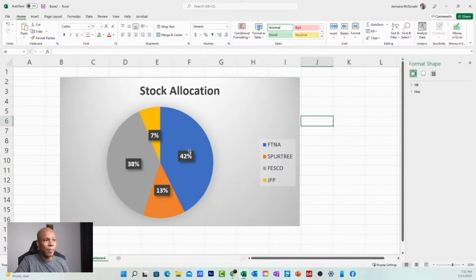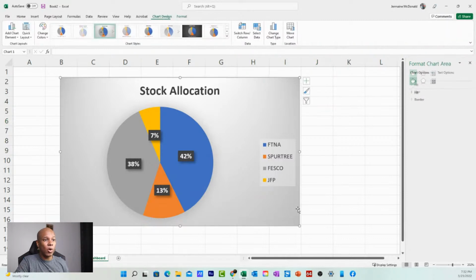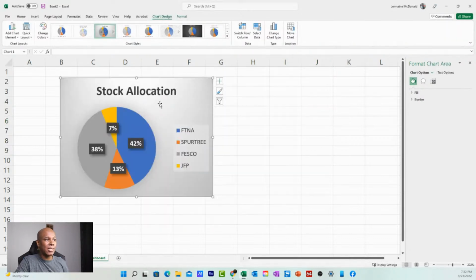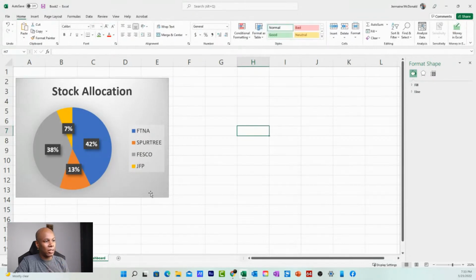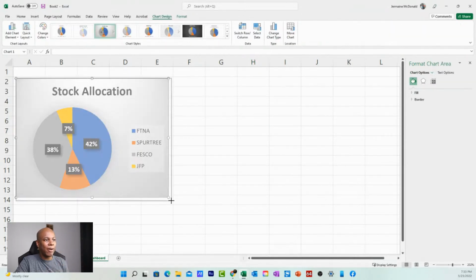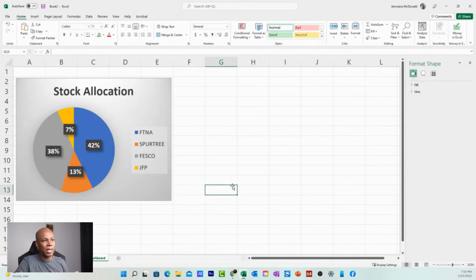So 42% of my portfolio is in Fontana, 13 in Spur Tree, 38 for Fesco, 7 for JFP. All right, so I can now do as many charts as I want to and build out a dashboard section. Once I have the data that I need, I can build it out.